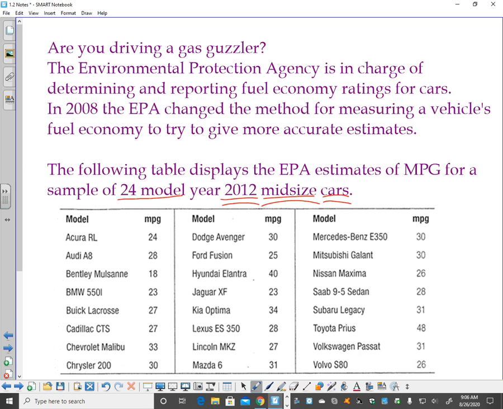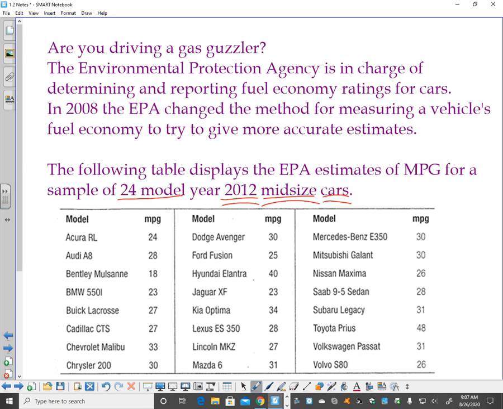You can see we've got an Acura, I see a Bentley, a Cadillac, there's a Kia, there's a Hyundai Elantra, he's got good gas mileage. There's a Mercedes. There's a Toyota Prius. It's 48 miles per gallon. We knew that was going to be good. What's really bad?